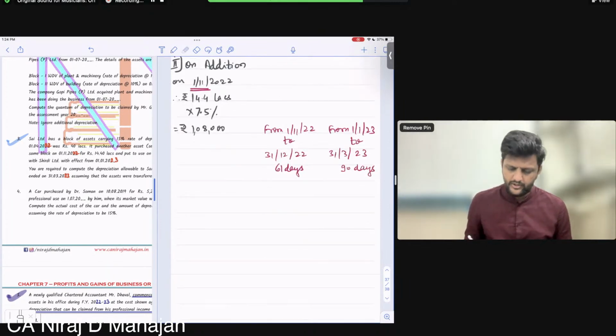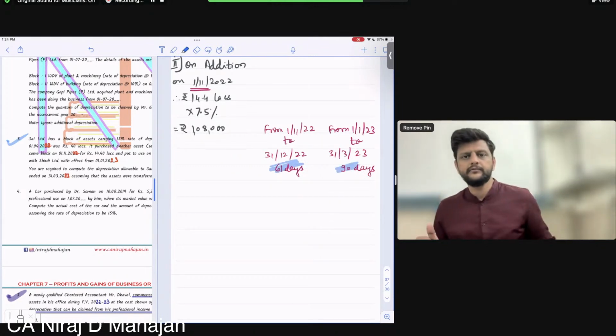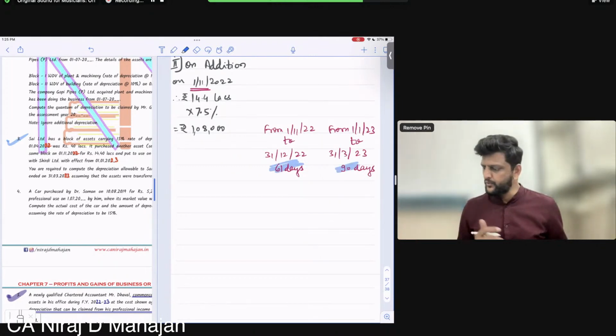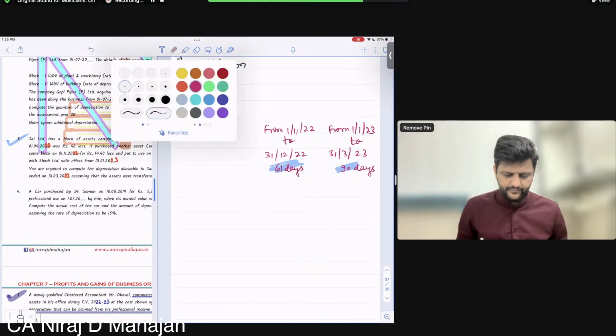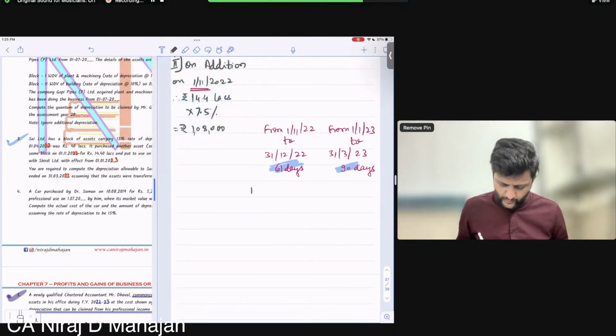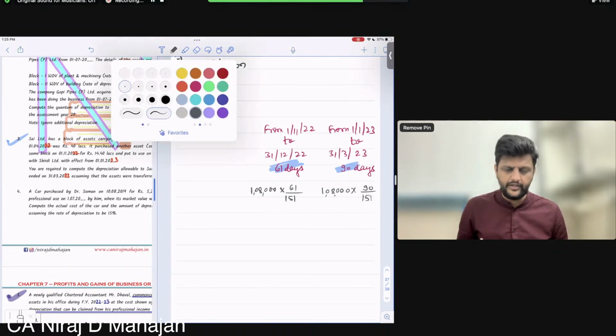But look at the total. 61 plus 90, 151 days. Understood or no? So the calculation is how much? 1,08,000 into 61 upon 151 and 1,08,000 into 90 upon 151. Understood or no? Clear?